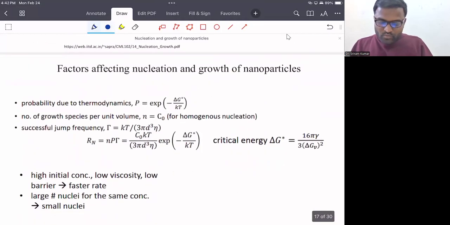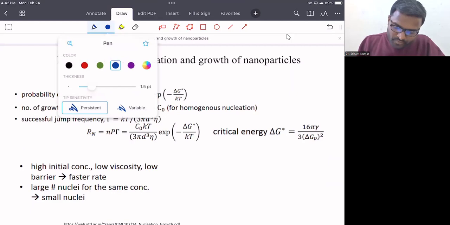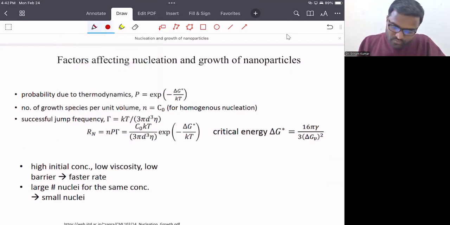And further, if you want to understand the effect of concentration, maybe the viscosity and energy barrier, we need to understand this kind of mathematical relation here. So in thermodynamics, if you want to know the probability of converting reactant into the product, we can explain it with respect to this energy barrier.